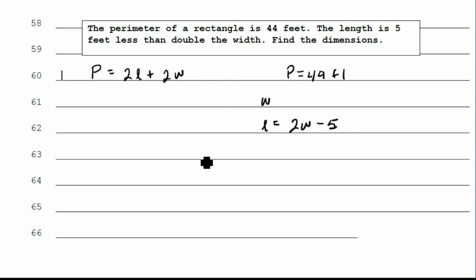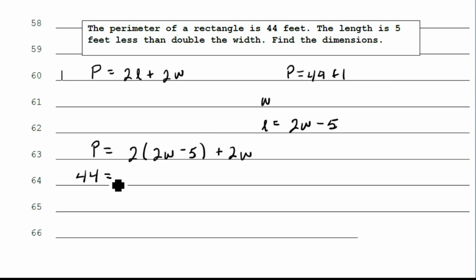So with this you can set up your equation. Perimeter equals twice the length, 2 times L, so 2 times 2W minus 5, plus 2 widths, W, and that should be 44.